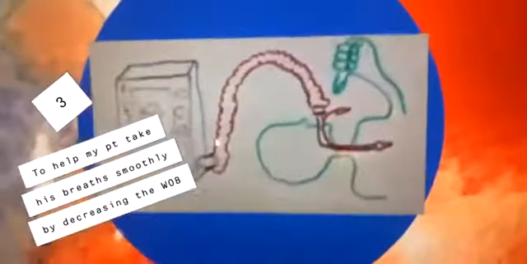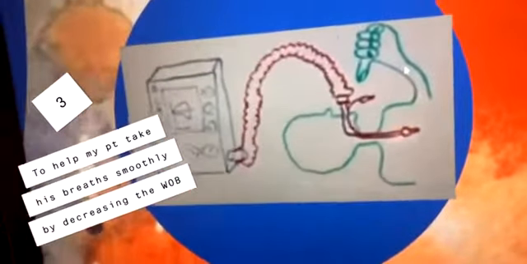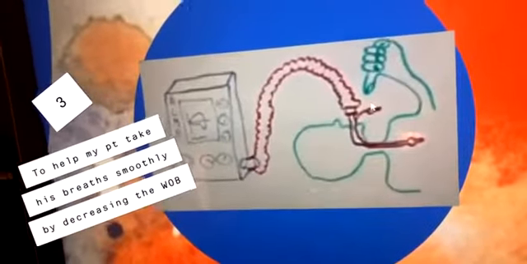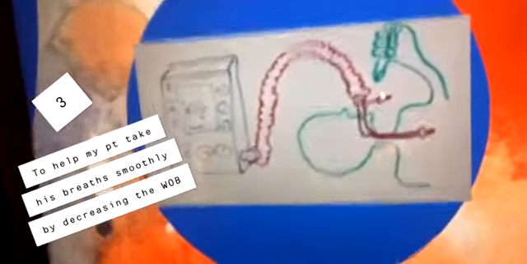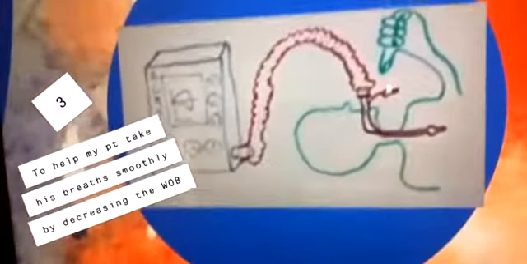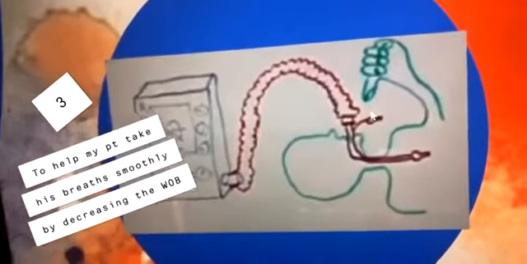So here I have this diagram. This is my ventilator, and this is my circuit, my ETT inside my patient. All of these I can consider as a resistance the patient will face while breathing against this ventilator and this ETT. So the idea of pressure support is helping or supporting my patient with minimal settings to help him breathe on his own.